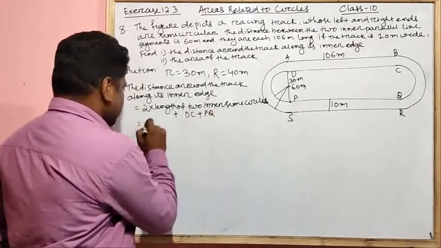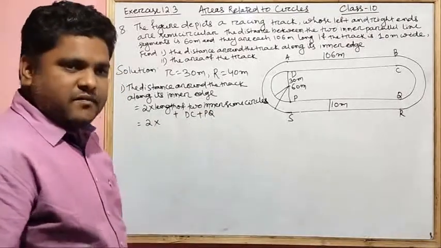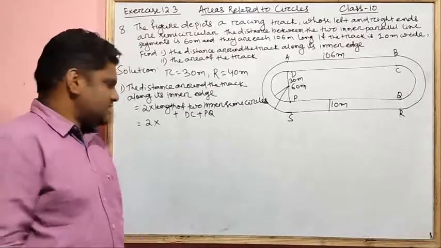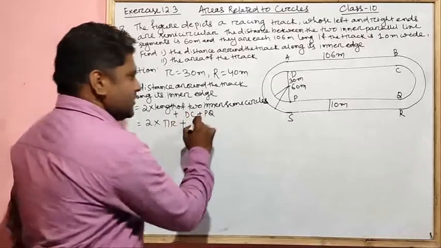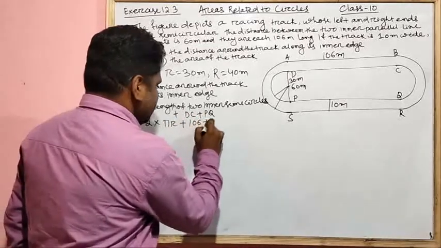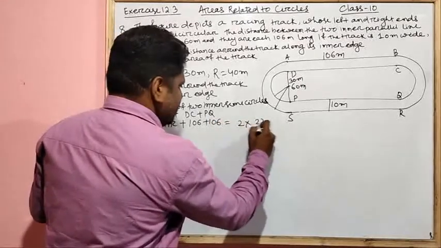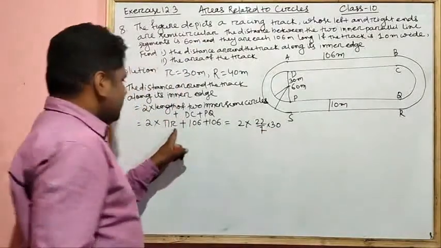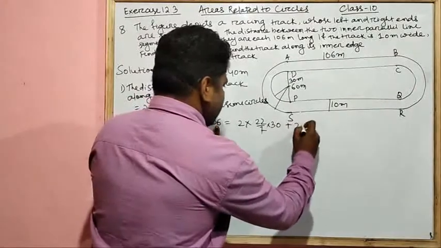So it is equal to 2 into length of a semicircle, it is half of the circumference of a circle, so half of 2 pi r is pi r, plus DC is 106 meter and PQ is also 106 meter. So 2 into pi is 22 by 7, r equal to 30, plus 106 plus 106 is 212.